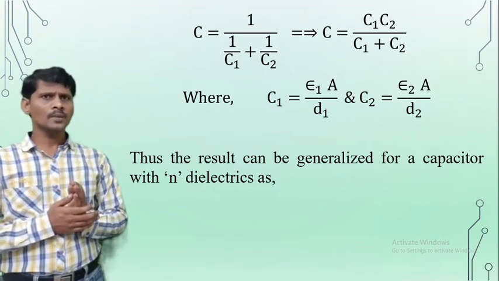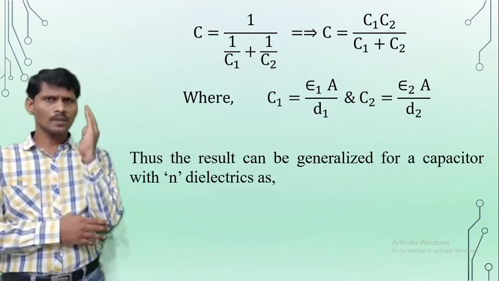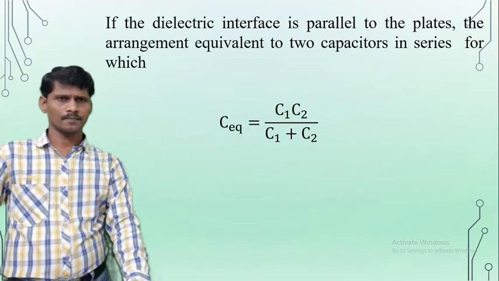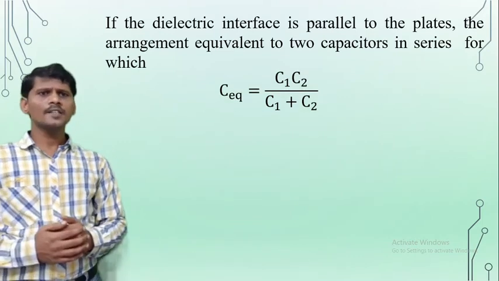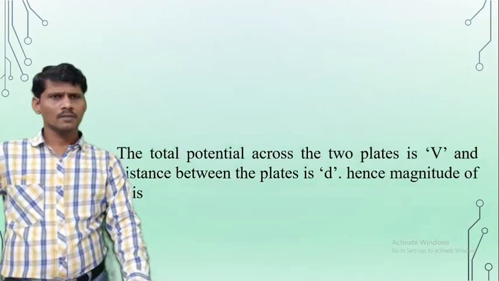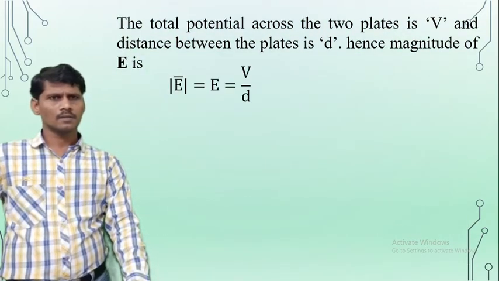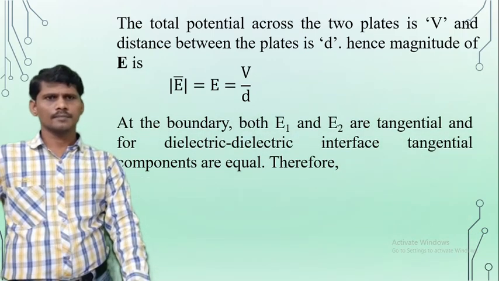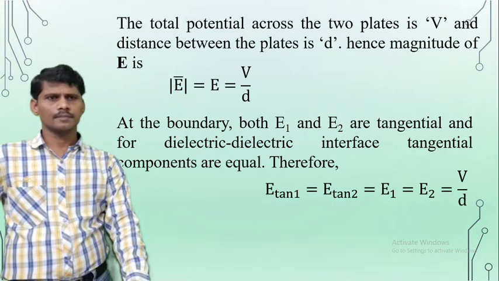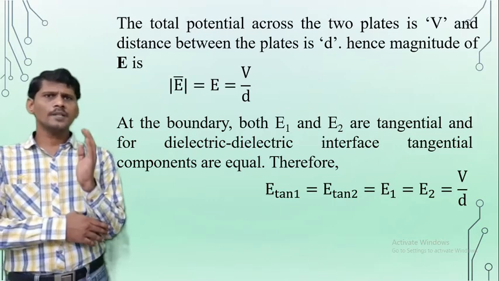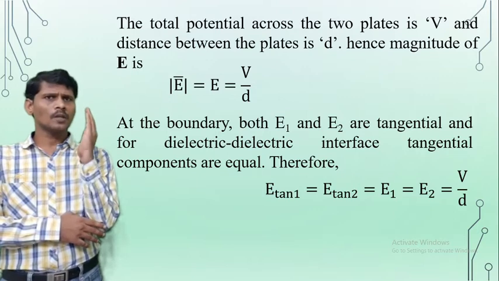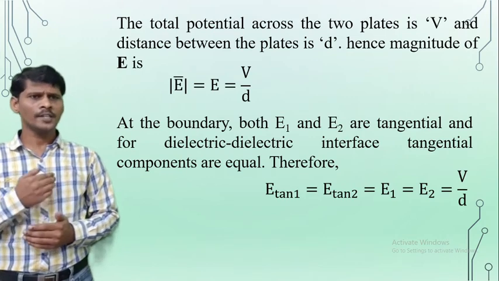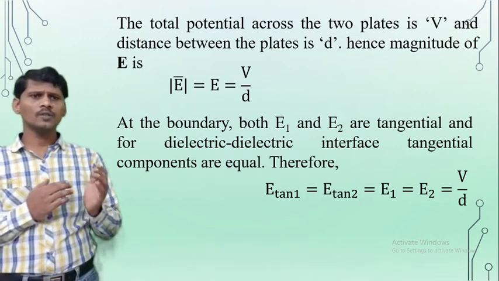If the dielectric interface is considered perpendicular to the plates, what is the equivalent capacitance? If the dielectric interface is considered normal to the plates, in that case, at the boundary, both electric field intensities E1 and E2 are tangential at the dielectric to dielectric interface.